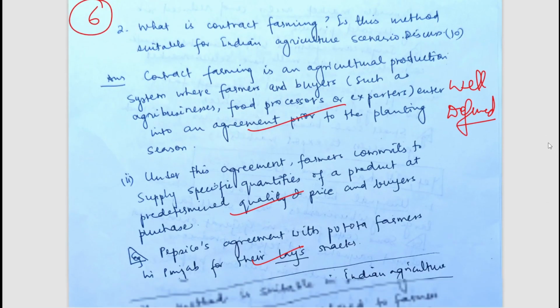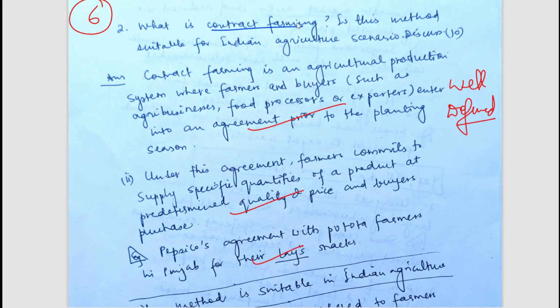The next question is, what is contract farming, and is this method suitable for the Indian agricultural scenario? So we have to discuss that. We all know what contract farming is. Here a company or any agribusiness management company comes into a contract with a farmer, and in lieu of the contract, the contractor gives the seeds, better technologies, extension, everything to the farmer.